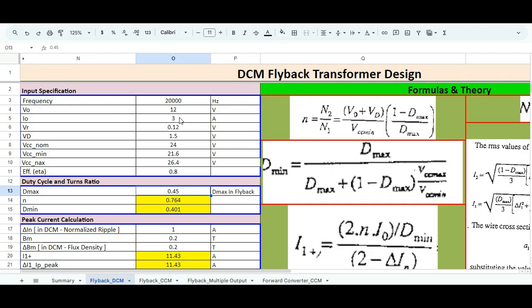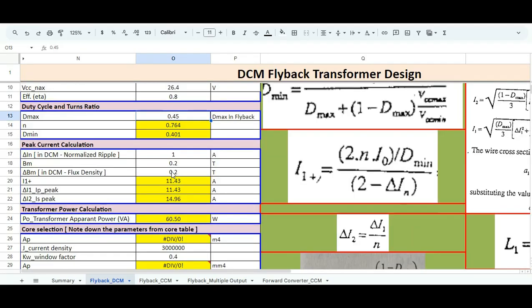That means a 36 watt power supply design. 24 volt DC is my input, and 12 volt 3 ampere is my output, and I want an isolated power supply. That is why I'm using the flyback topology. The efficiency I'm going to achieve is 80%. I'm targeting an efficiency of 80%, let's say.